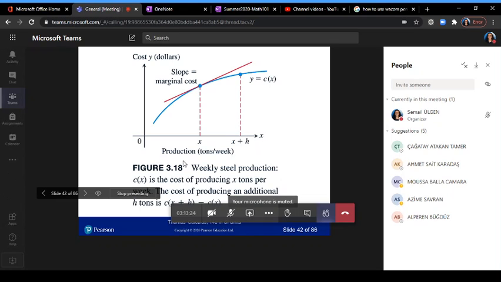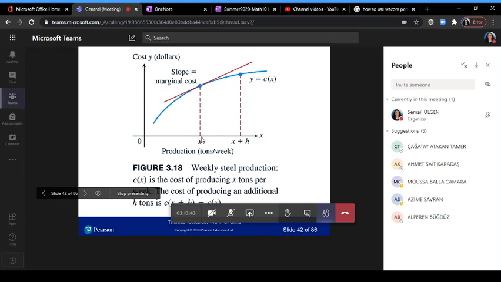So here x is tons per week, and y is the cost, C(x), the cost of the production. Okay, cost of the production.